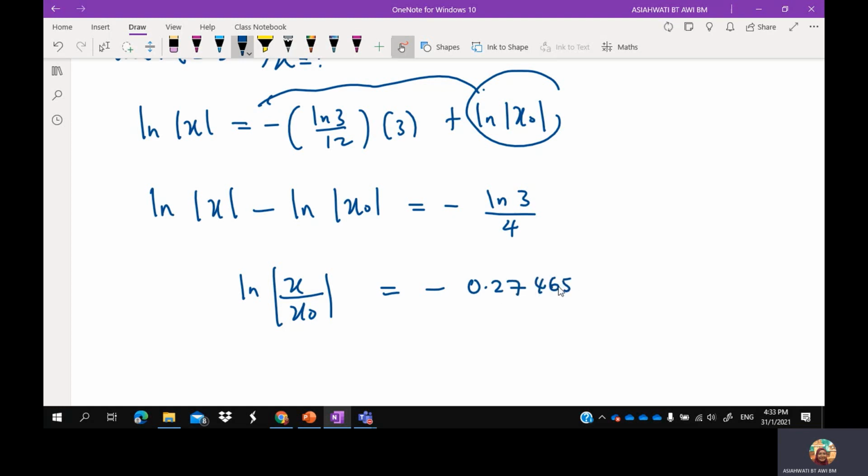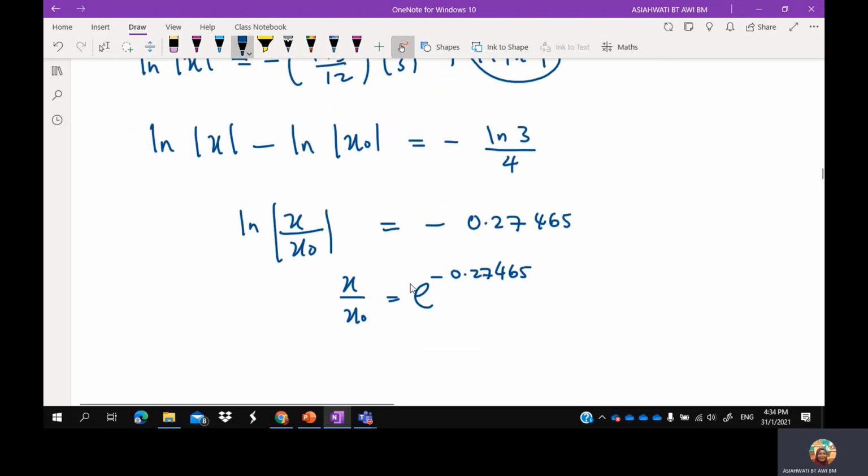0.27465. Then change to index form, and we get x over x naught is equal to e to the power negative 0.27465.